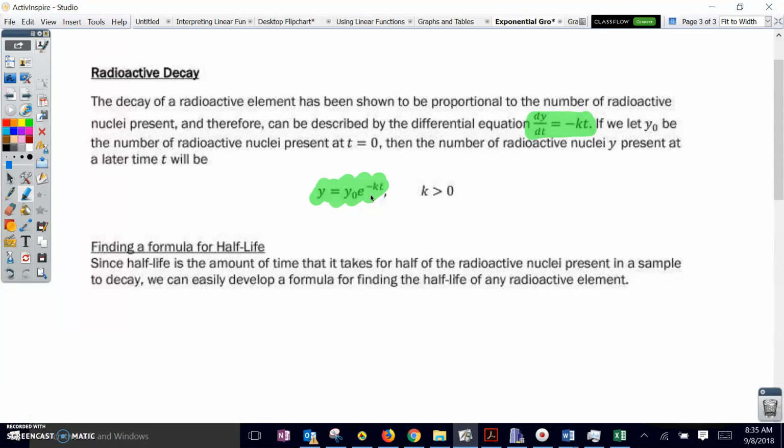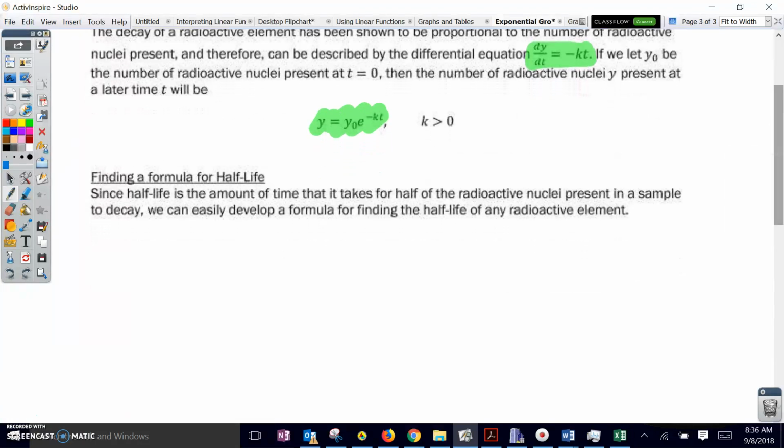So the first thing we're going to do with this is come up with a formula for the half-life, how to calculate the half-life at any moment for any radioactive material, as long as we know its rate of decay. So we'll start with this model that y is equal to y sub 0 e to the negative kt.